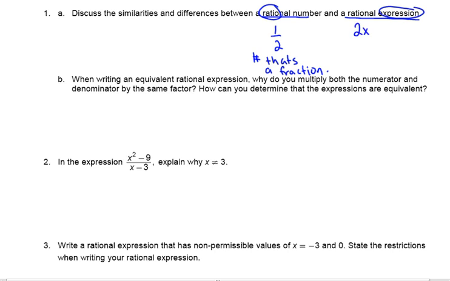So (2x - 3)/5 would be a rational expression. So it's a fraction with variables. So the similarities, they're both fractions. The difference is one has a variable, one does not.